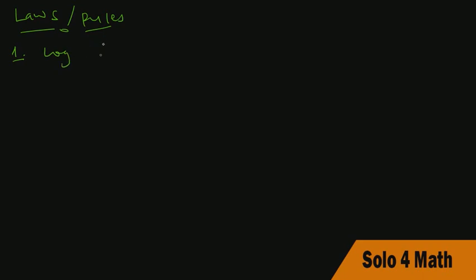When the argument is a product of, for example, m and n, base b, this is the same as log of m base b plus log of n base b. They share the common base, but the argument separates.